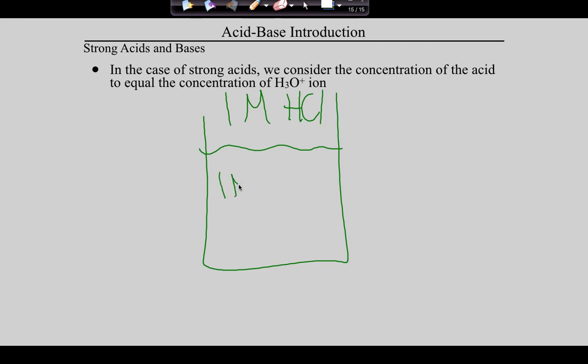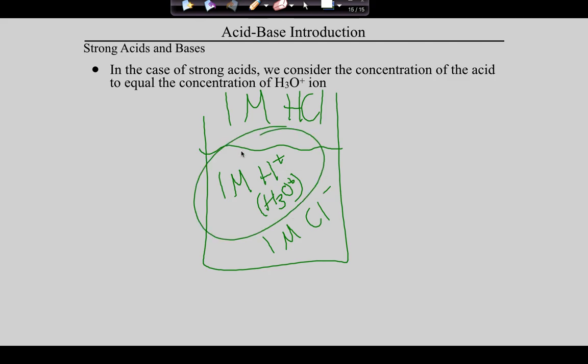You've got 1 molar hydrogen ion, which is actually hydronium, and then you've got 1 molar chloride ion, right? HCl is a strong acid, so when it goes in water, it dissociates. Every one of those put in makes a hydronium ion and a chloride ion. So in 1 molar HCl, the concentration of the acid is actually the concentration of the hydronium ion. You good with the idea?